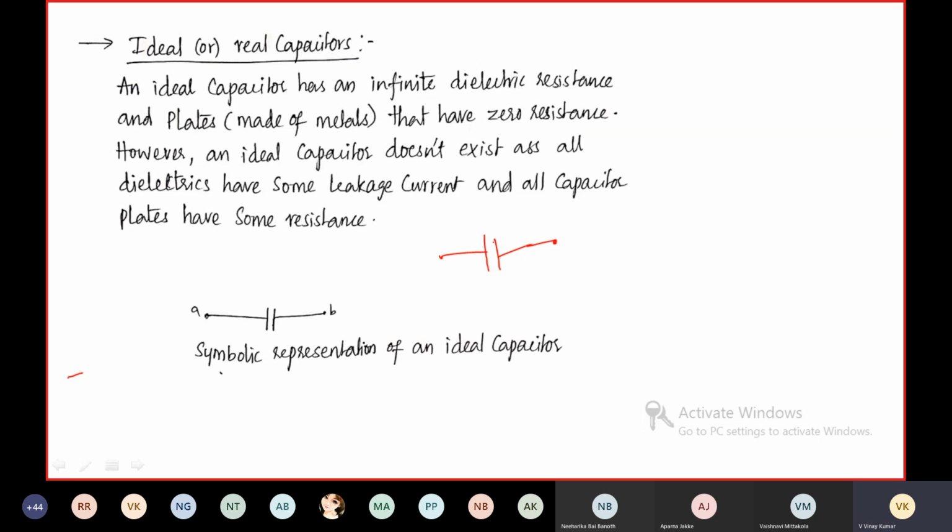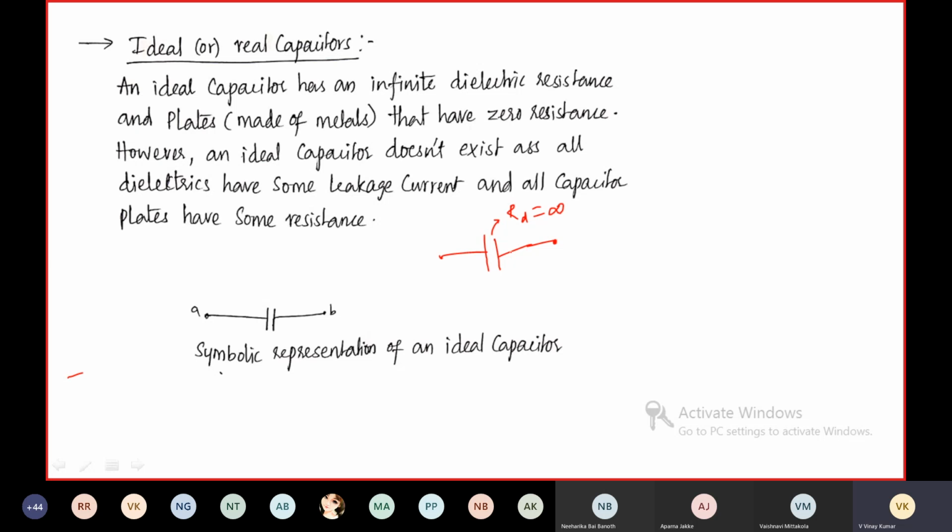An insulating medium is present between these two plates, right? The resistance of that insulating medium is infinity in the ideal case. Take the resistance of the dielectric medium as Rd. It is infinity in the ideal case; only then no current flows.